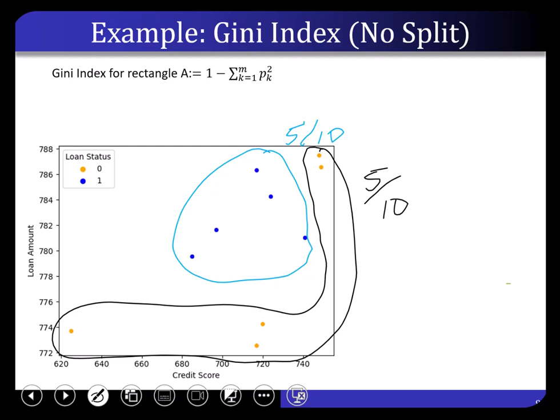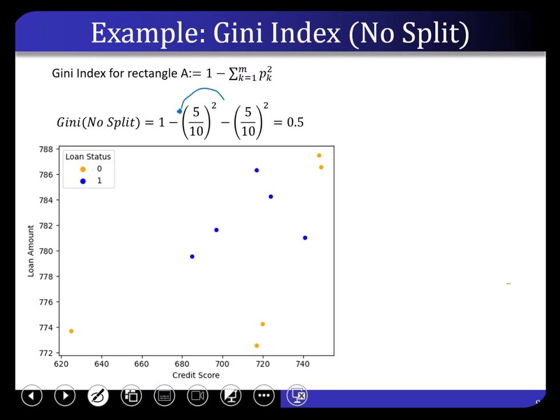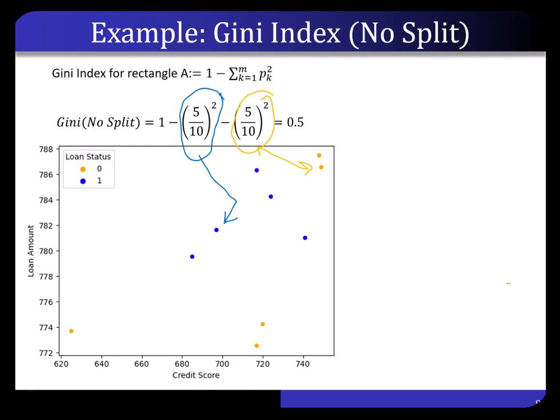So the Gini index is going to be 1 minus the summation of these two proportions squared. So this square belongs to the blue data points, and this square belongs to the orange data points. So the Gini index is 0.5, which corresponds to the case where all classes are equally represented.